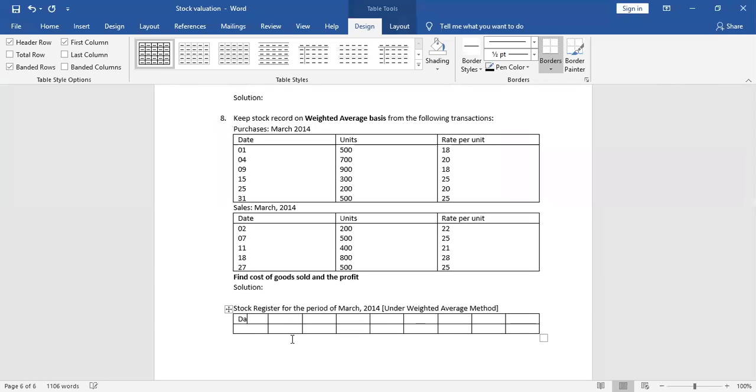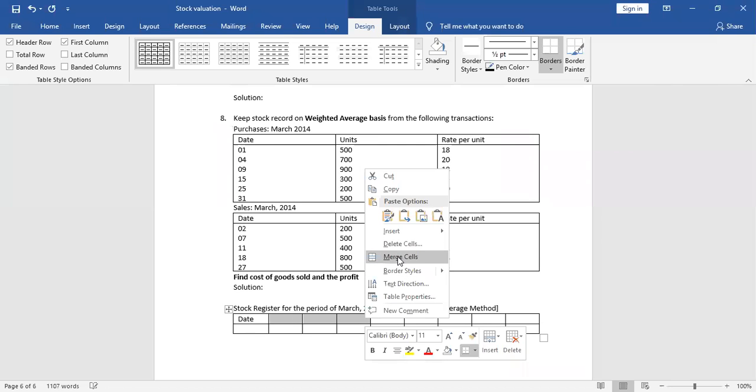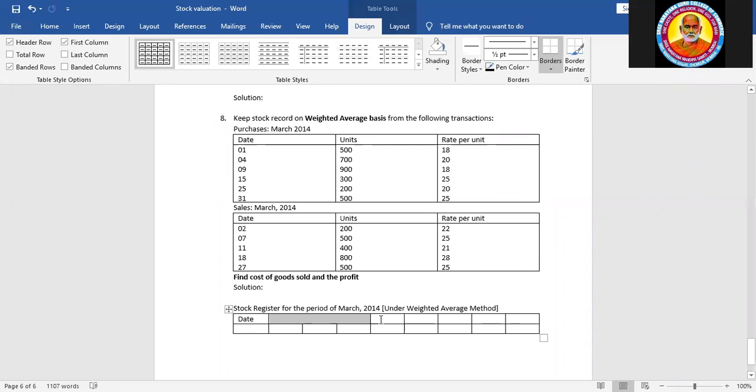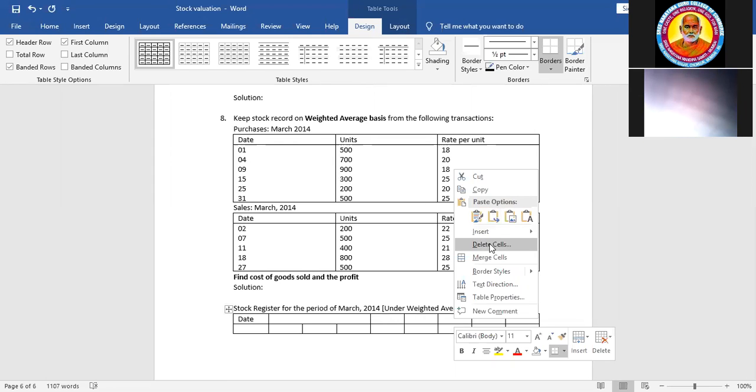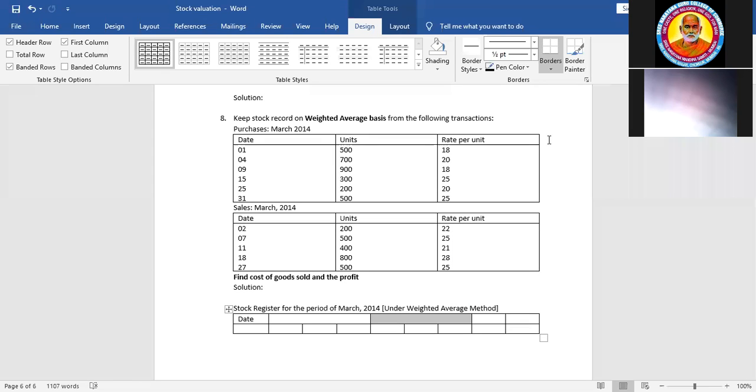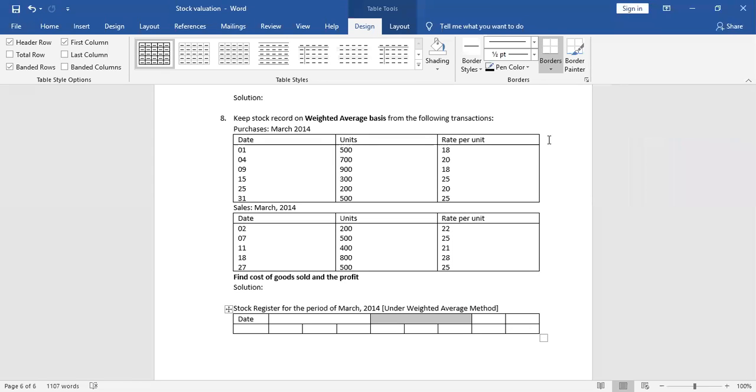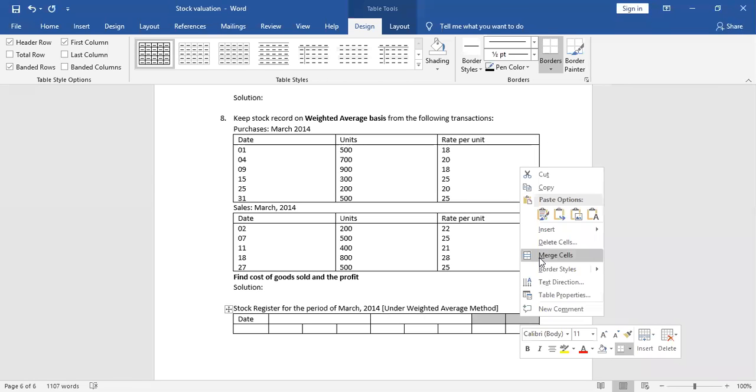So first one is for date, and then 3 we will merge, and then other 3 also we will merge for the sale. And lastly, for balance.